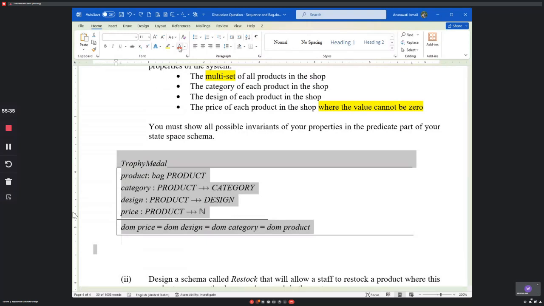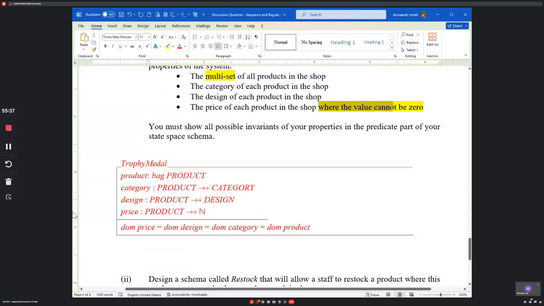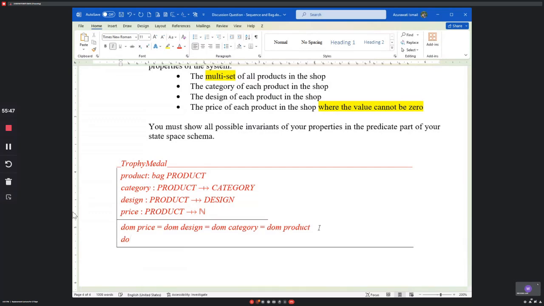So if let's say I have this question put here, then because here it can be 0, but you have to show that the value cannot be 0, then you have to add another one, rank price must be greater than 0.